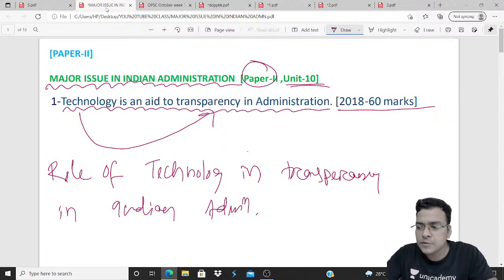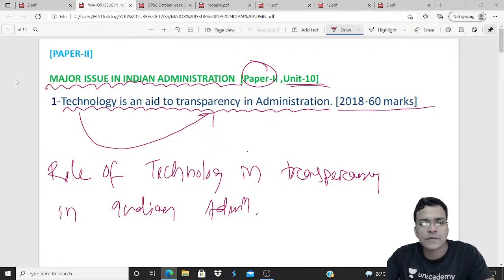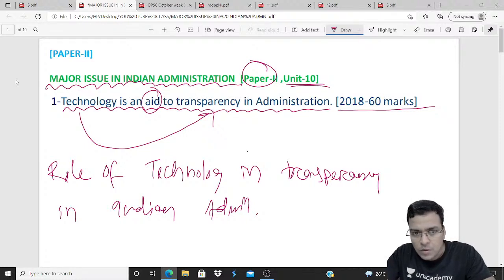As this unit is about Indian administration, you have to write in the context of Indian administration that technology is an aid to transparency in Indian administration.